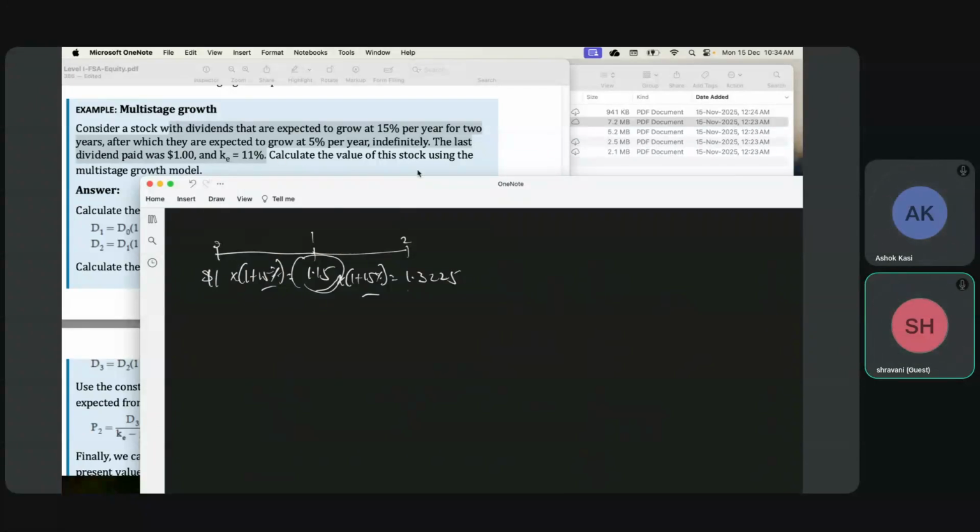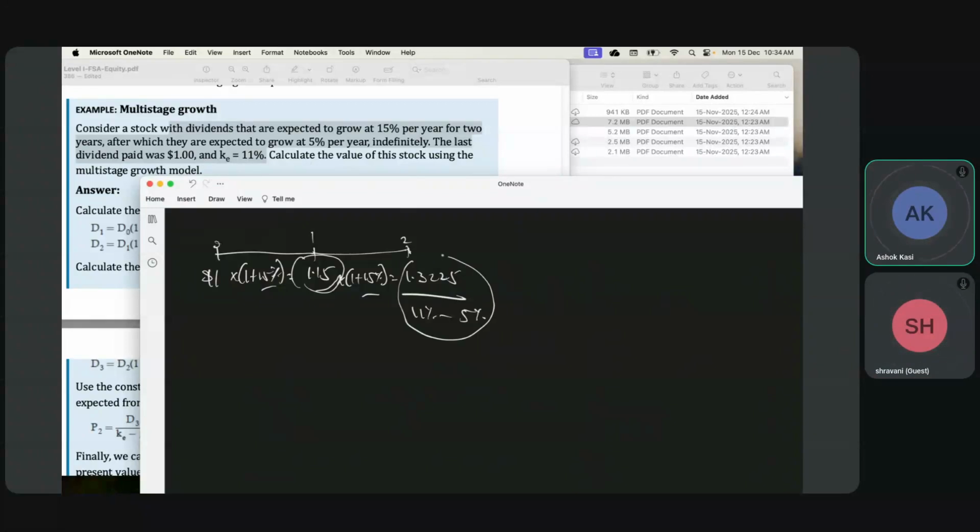And then it is growing at a constant rate indefinitely at the rate of 5%. The moment they say constant, I can use the Gordon rule. So D divided by R minus G. R is the cost of equity, 11%, minus growth of 5%.